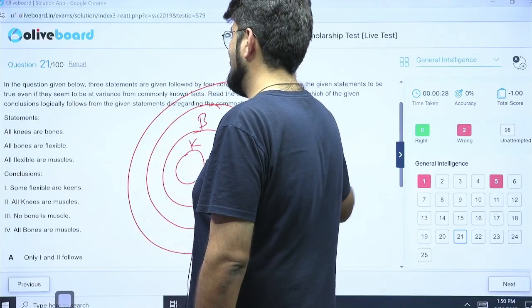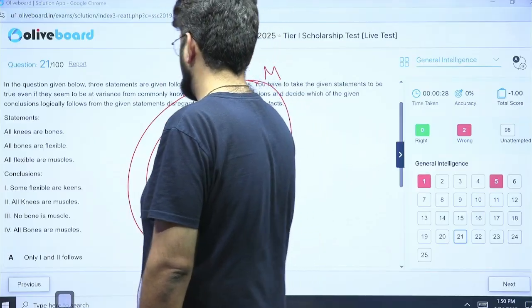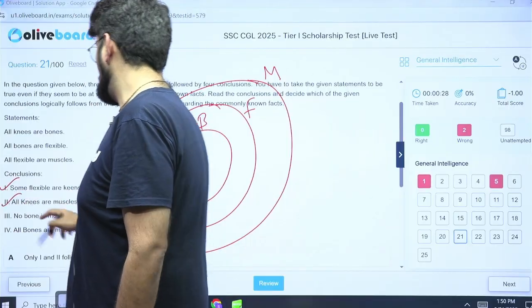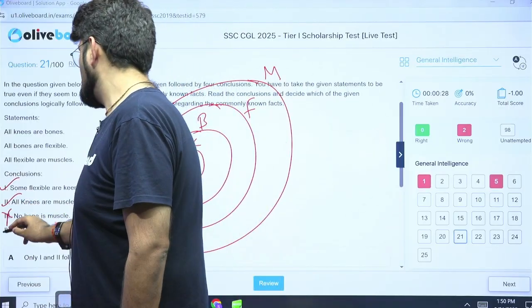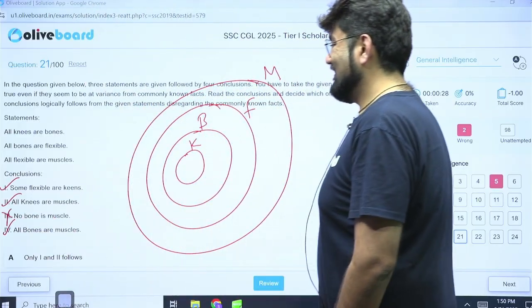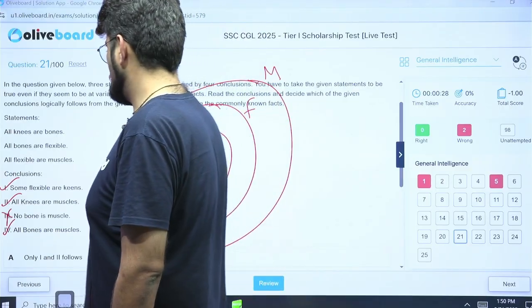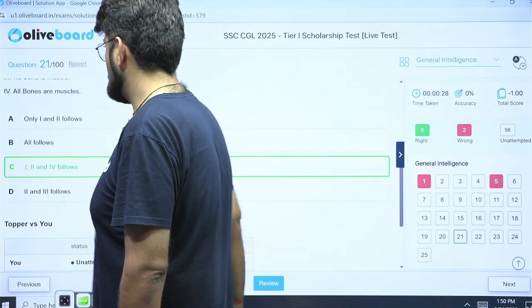Some flexible are knees, yes. All knees are muscles, yes. No bone is muscle, not at all. All bones are muscles, yes. I think 1, 2 and 4, that's the only conclusion set which follows. There is no either or going on, right? So 1, 2 and 4, option C is the right one.